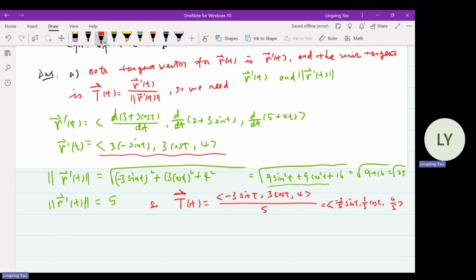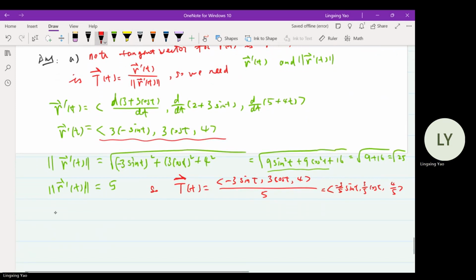We can check the length of this unit tangent vector. What is the length of this unit tangent vector?